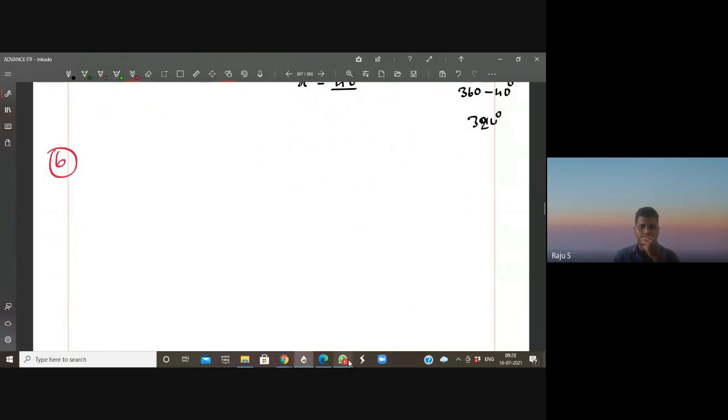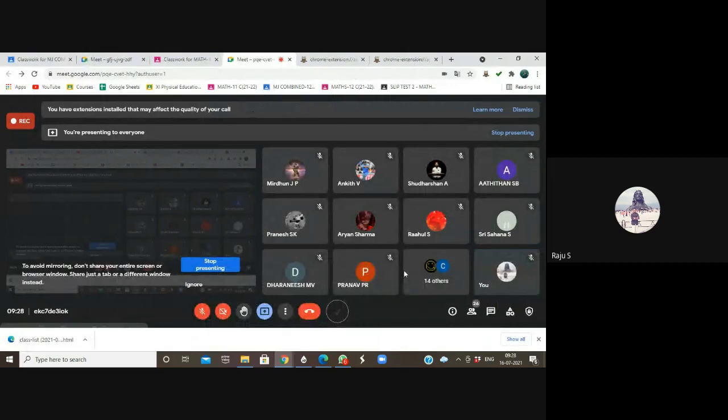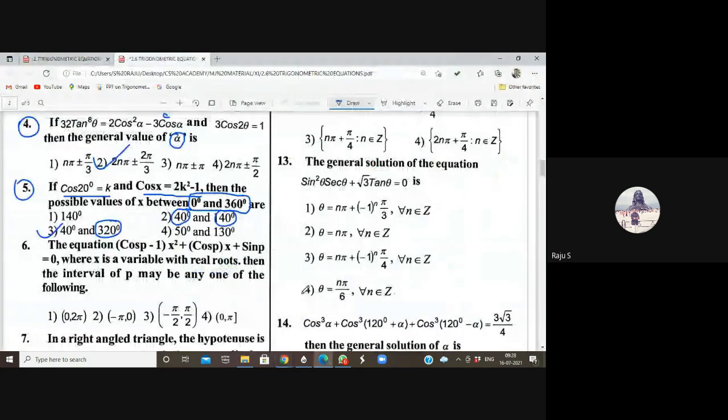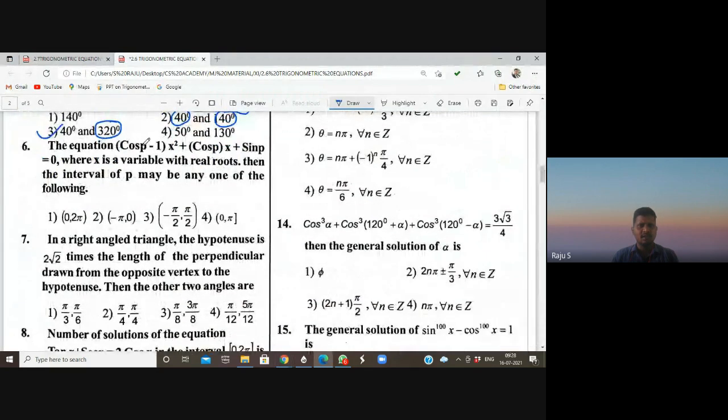Yes, students. Okay, students, right. Next one is the equation cos p minus 1 into x square plus cos p into x plus sin p.